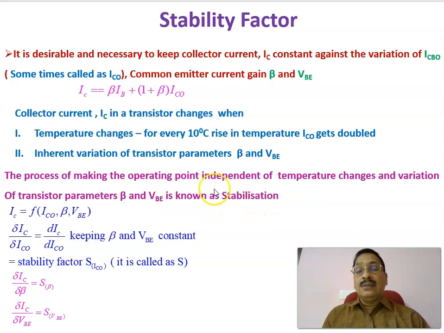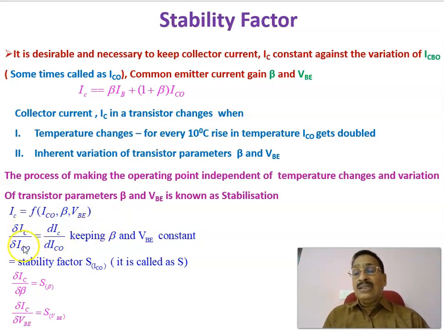Now, IC is a function of ICO, the reverse saturation current, common emitter current gain beta and VBE. How much is the change in IC with respect to the change in ICO, or with respect to the change in beta, or with respect to the change in VBE, that is represented as stability factor.